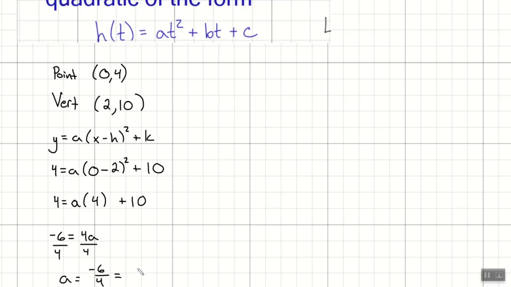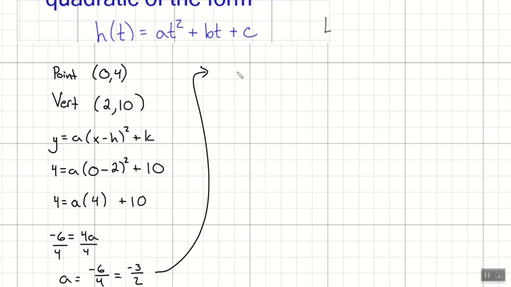I would never call this 1.5. Does something go into both 6 and 4? Yeah. So let's take a 2 out of both of them. Negative 3 over 2? Okay. So at this point, all we've done is find a for our function. Now, I used x here. What's our actual function supposed to use? T. So anywhere that there's an x, I'm just going to write a t instead.